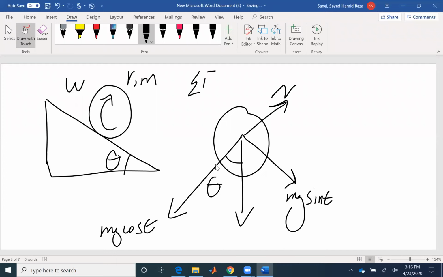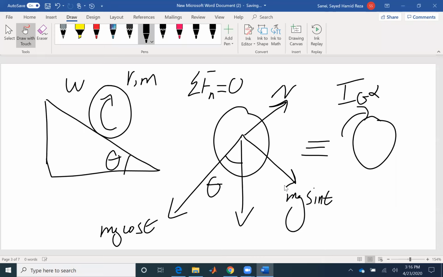If I write the summation of forces in the N direction equals 0, there is no acceleration in the N direction. And I have my kinetic diagrams, which would be I_G alpha and m a_G. Alpha, I have the friction force.